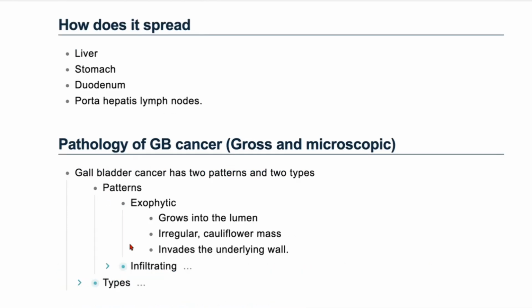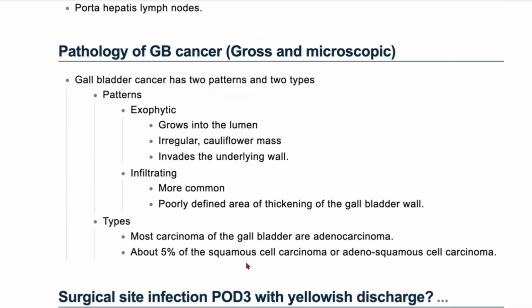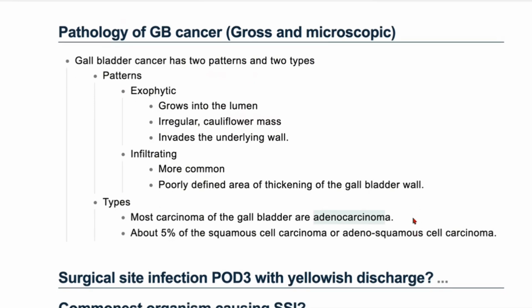So exophytic and infiltrative, and if we're talking about the microscopic picture, the most common is adenocarcinoma. However, you can also get adenosquamous cell carcinoma, but adenocarcinoma is going to be the most common. Yes. Right, we agreed before that squamous cell carcinoma usually happens in the skin and the orifices, so it's unlikely to happen in a secretory gland, right?